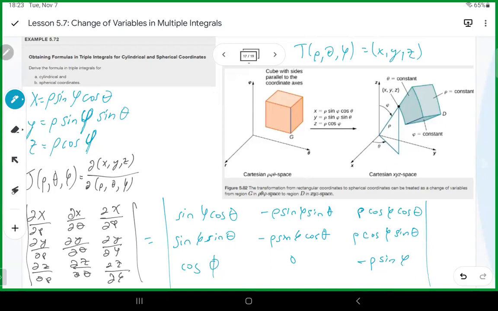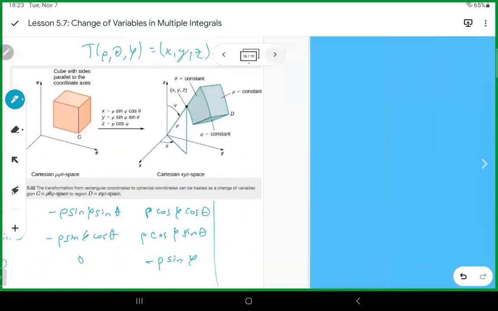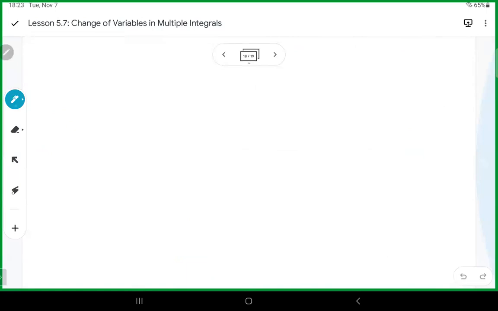So if we're going to expand the determinant with respect to the third row, we're going to get this very ugly thing, which is why we're going to do it on a new slide.